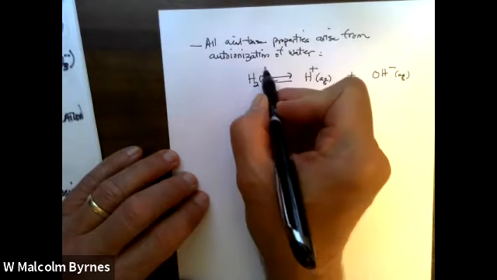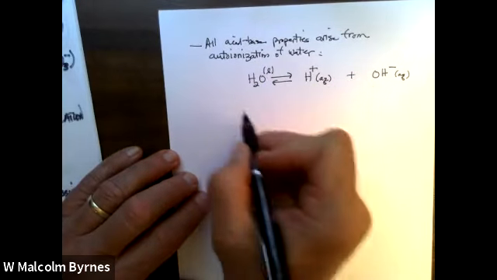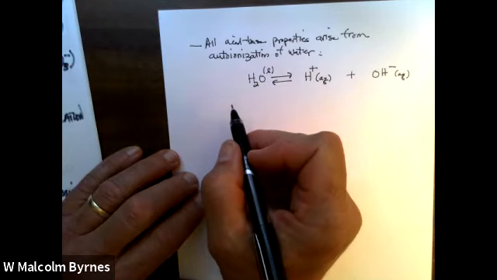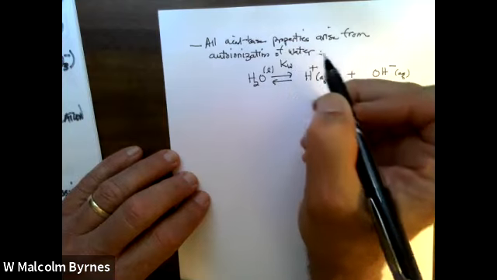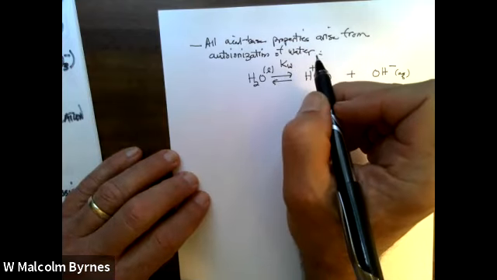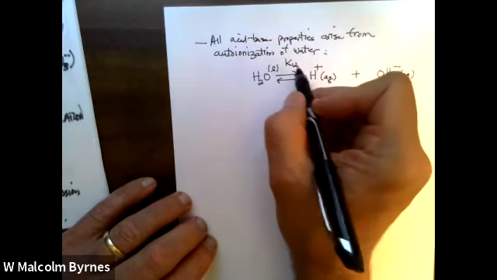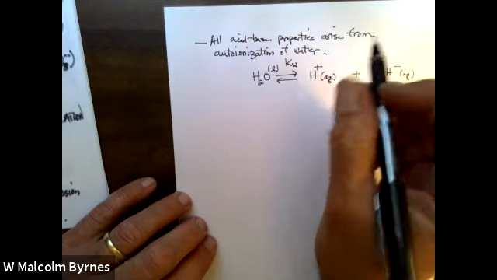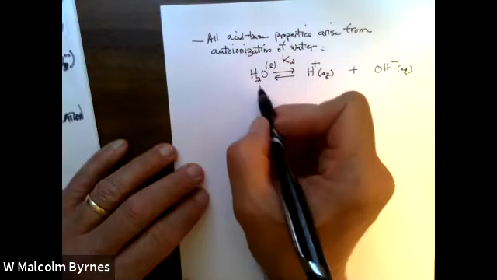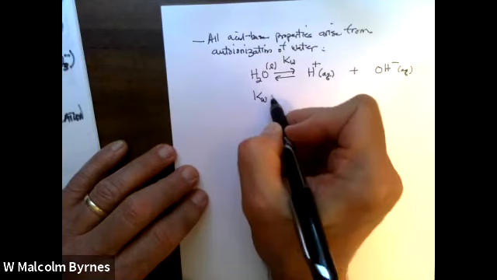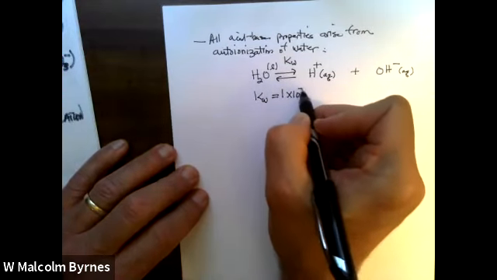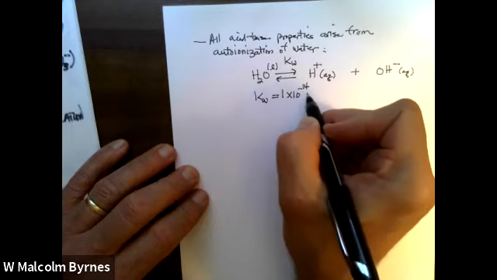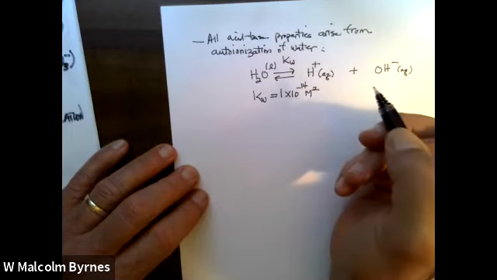Now, you can think of this as liquid water. We can also write, and there's an equilibrium constant called the autoionization constant, okay, called K sub W, and K sub W, by the way, is actually very, very small, it's 1 times 10 to the minus 14 molar squared.